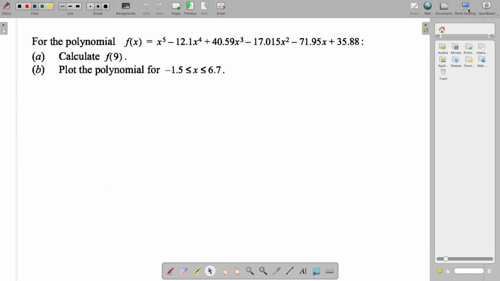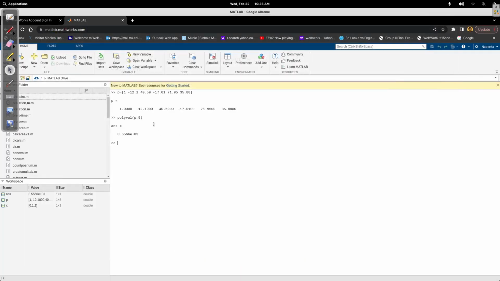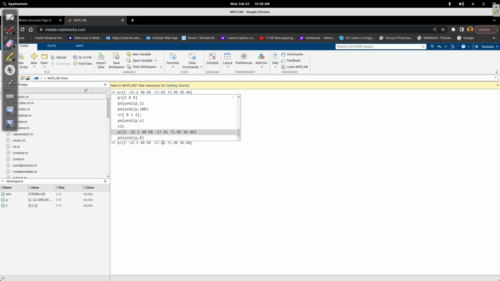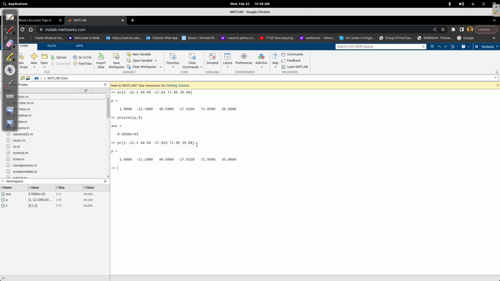Let us correct that. So p is this. 40.59, negative 17.015.